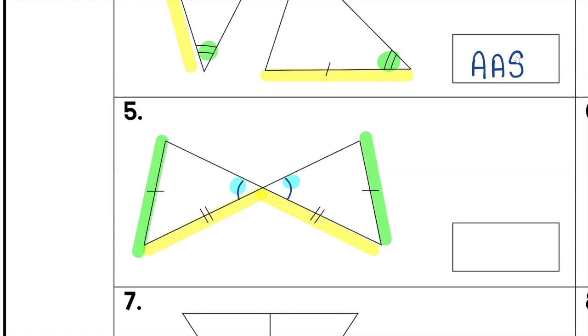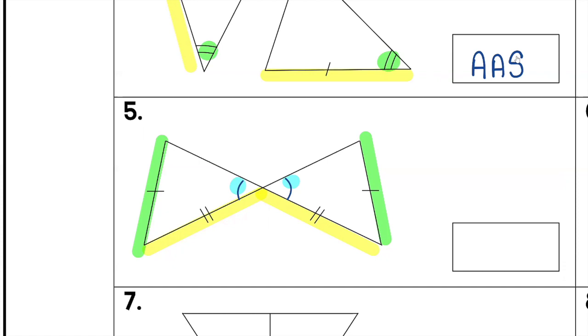Yes, with what theorem? Triangle? That's not a theorem. Side, angle, side, okay, because we got 2 sides and 1 angle. But why can't we use side, angle, side here? The angle is not included.